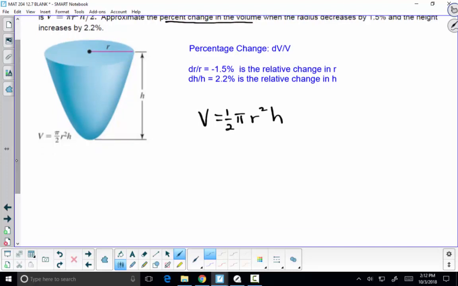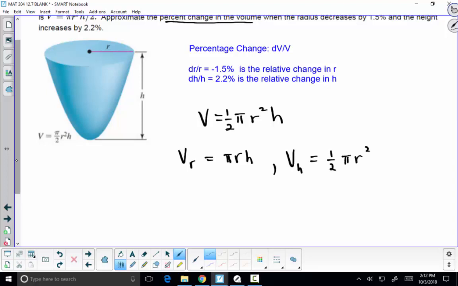We're going to figure out V sub r, the partial with respect to r, and the partial with respect to h, and then we're going to build the dV equation. The partial with respect to r is pi r h. The partial with respect to h is 1/2 pi r squared.